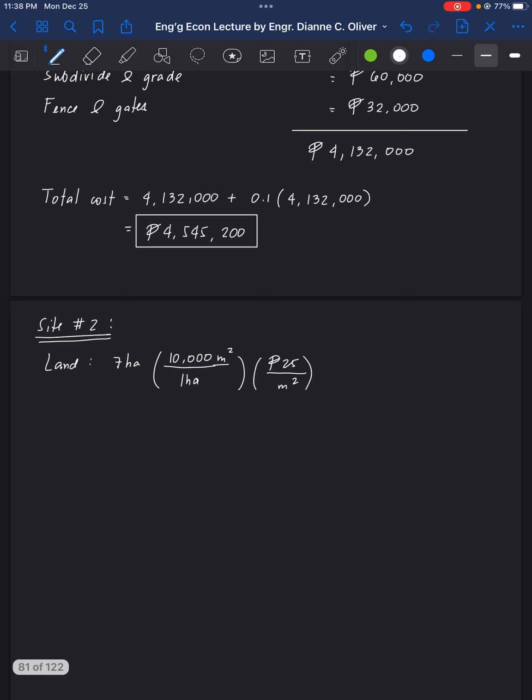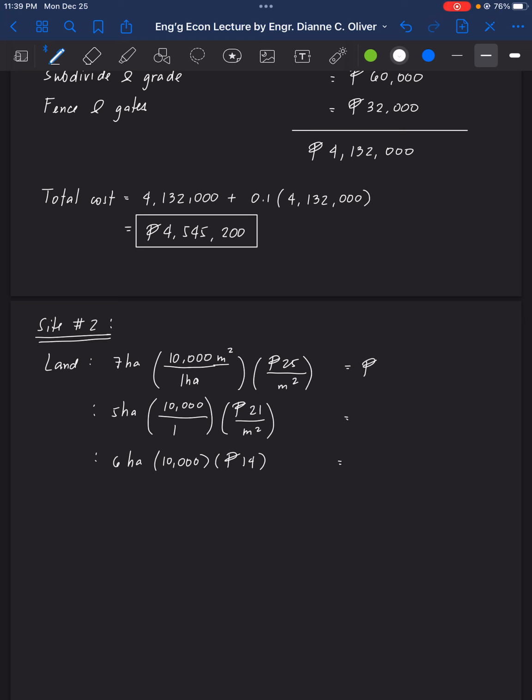The other one is 5 hectares times 10,000 at 21 per square meter. And the other one is 6 hectares times 10,000 multiplied by 14 pesos.